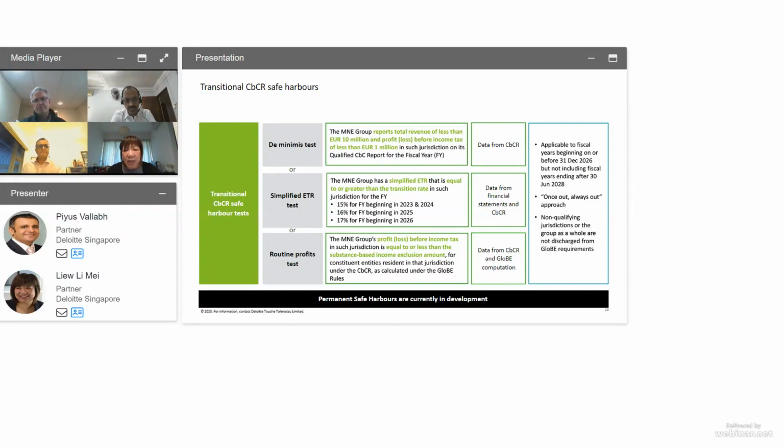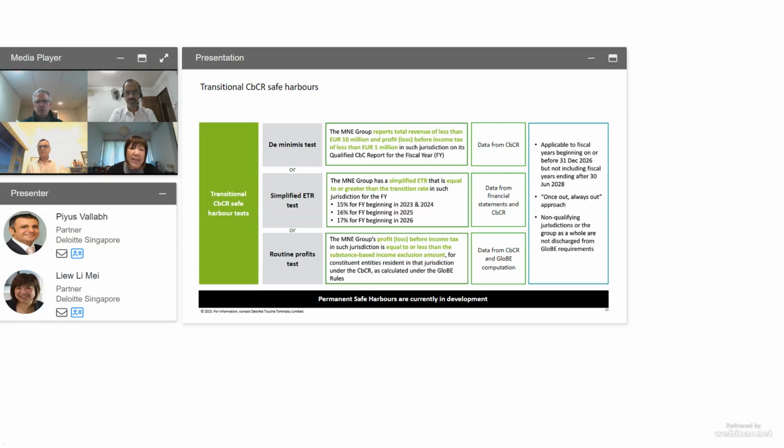And the transitional CBCR safe harbor rules is a short-term measure to exclude an MNE's operations in certain lower jurisdiction from the compliance obligation of preparing a full GLOBE calculations in the initial years. This is provided that the business can actually demonstrate based on qualifying CBCR and financial accounting data that either one of three tests are met.